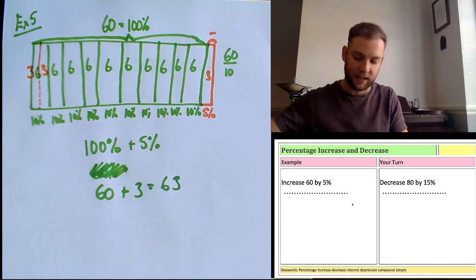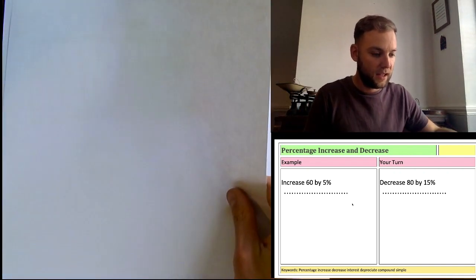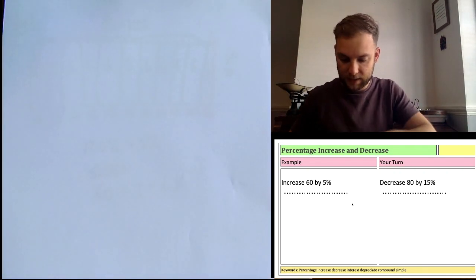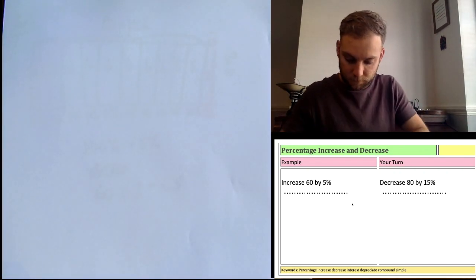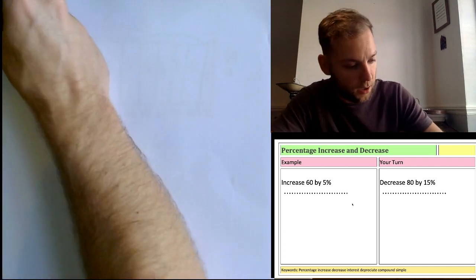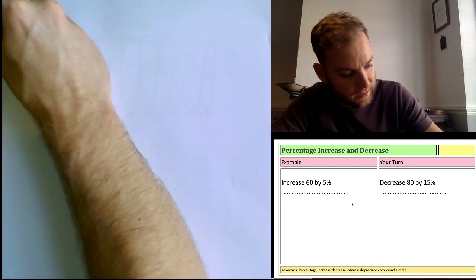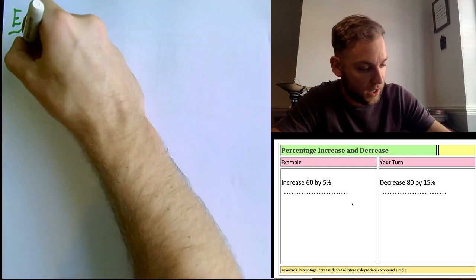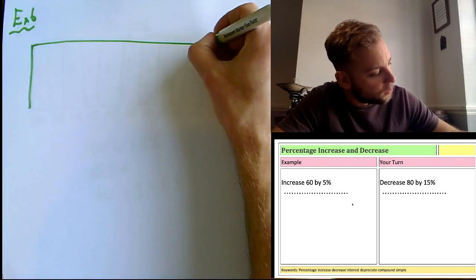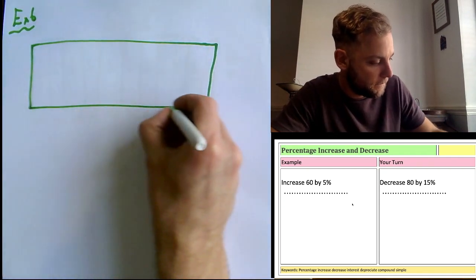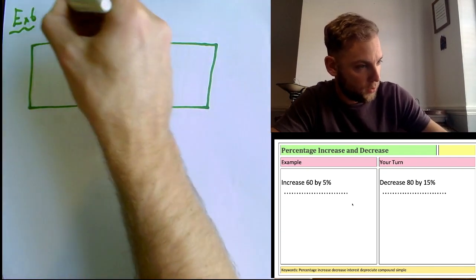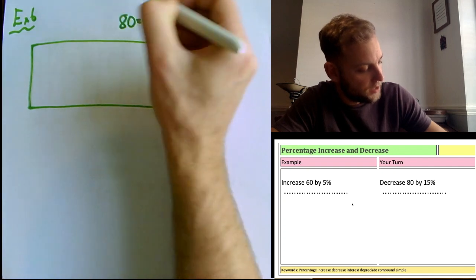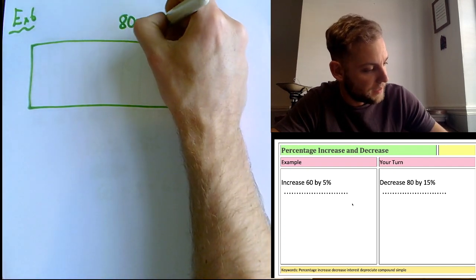It's a very similar technique now. This one here is example 6. Decrease 80 by 15%. Let's draw out my bar first of all. We know that this is worth 80, which is equal to 100%.